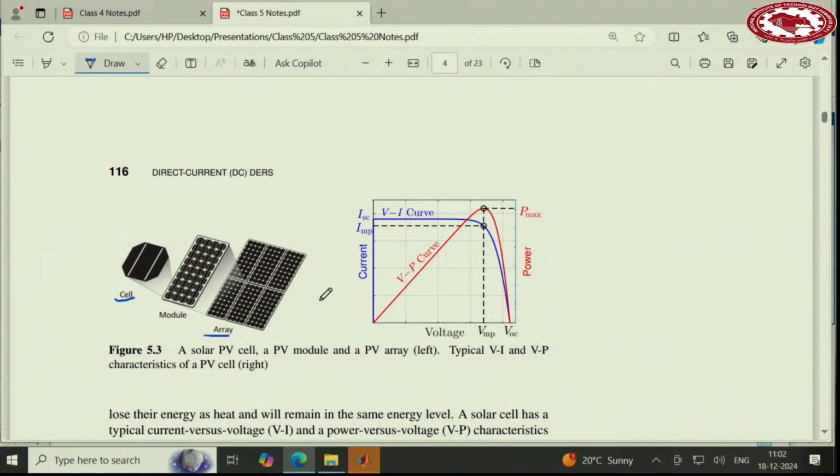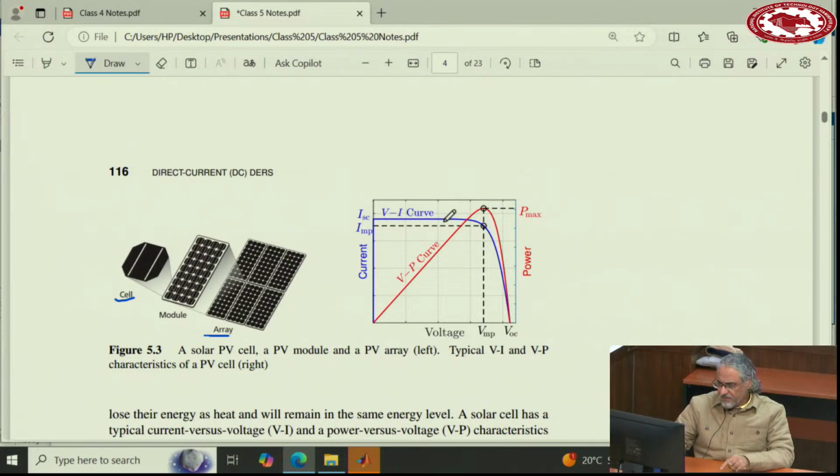When we say characteristics, there are two characteristics that are very important for the solar cells. One is the current voltage and one is the power voltage. So the current voltage is like this. It's pretty much flat when the voltage is small, and then kind of sharply drops to 0 when the voltage increases beyond some point.